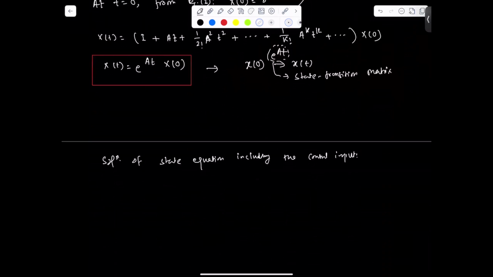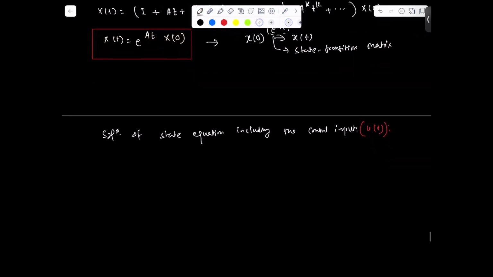Now, if you consider the control input here, you can write u of t. So now we can write the state equation x dot equal to A x of t plus B u of t. So let's assume u of t is not equal to 0, and we'll find the solution for t greater than or equal to t naught.